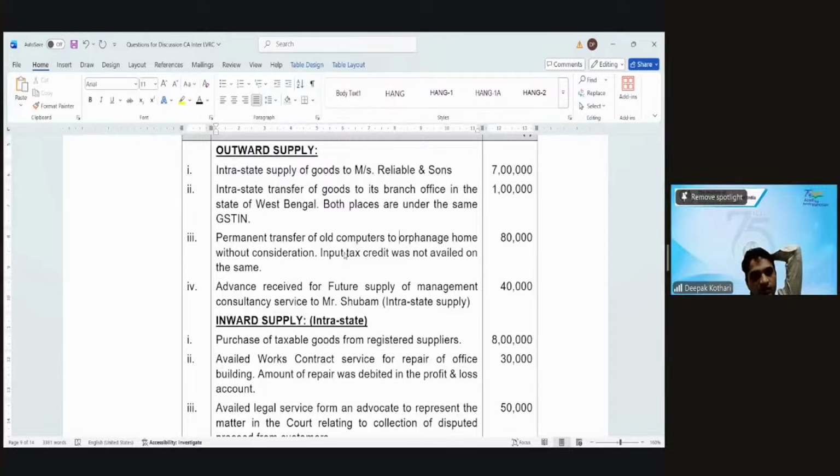Permanent transfer or disposal without consideration is taxable. Input tax credit was not used. No consideration. Sir, no consideration, still liable under Schedule 1 specifically, Mr. Nagaraja. It says when you make any supply without consideration, if it is coming under Schedule 1, then it becomes taxable.